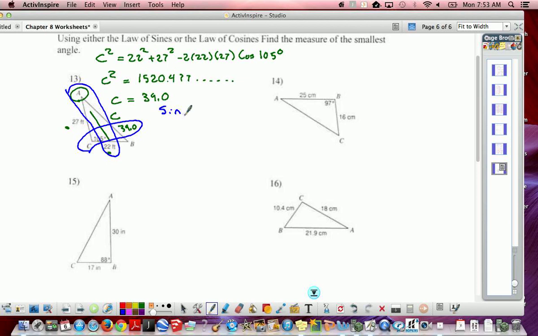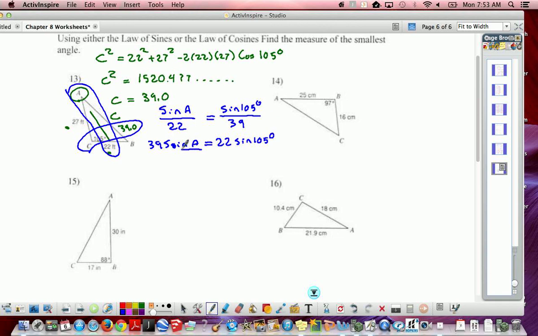So I know that sine of angle A over 22 is equal to sine 105 over 39. When I cross multiply here, I get 39 times sine of A equals 22 times sine of 105.